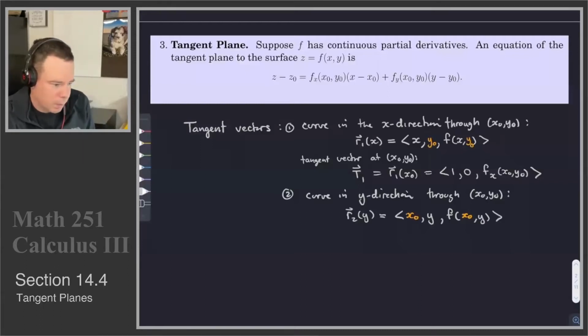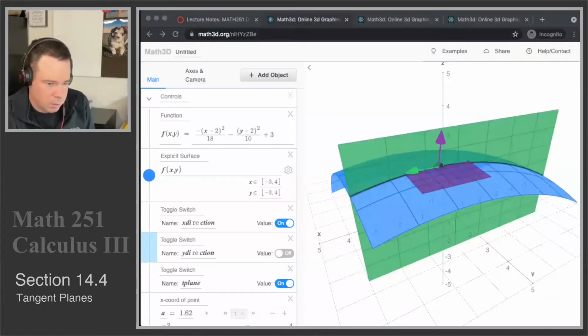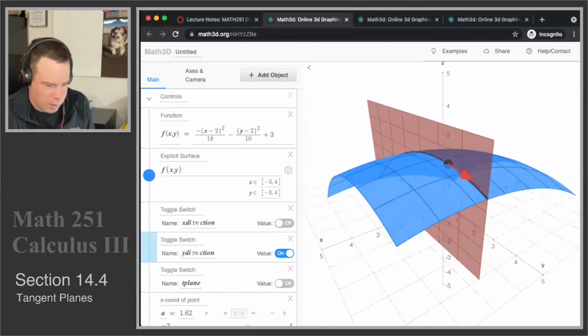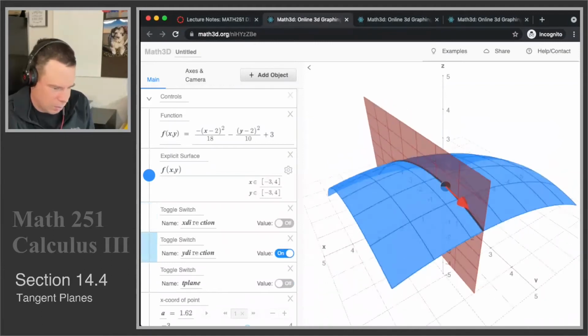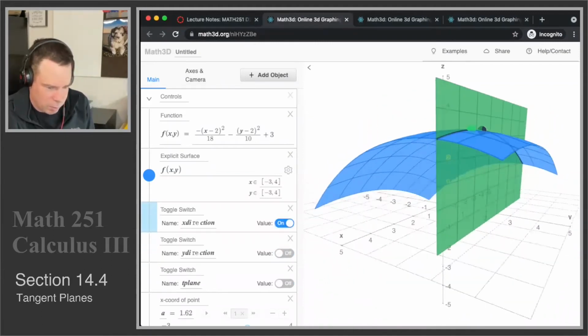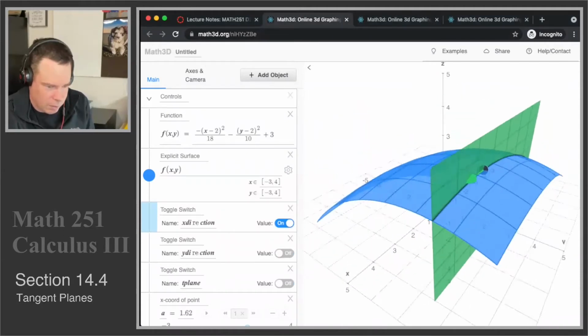So I'll flip back here to our construction and I'll get the y direction one. There we go. So what we're doing here is we're cutting it with a plane. Oh, sorry, that's the x direction. I've got to get, there's the y direction. So we're cutting it with a plane of some particular y value.